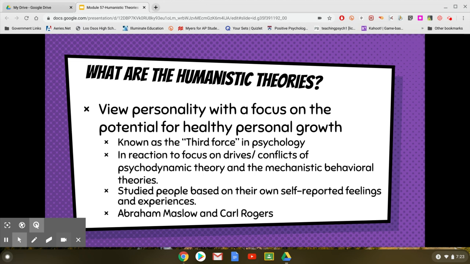Rather than having a projective test or a more formal inventory, like we'll see later on, particularly with the trait theory that we talk about on Wednesday, it's very much what you have to say about yourself. So it's much less formal. And again, our two main people are Maslow and Rogers.